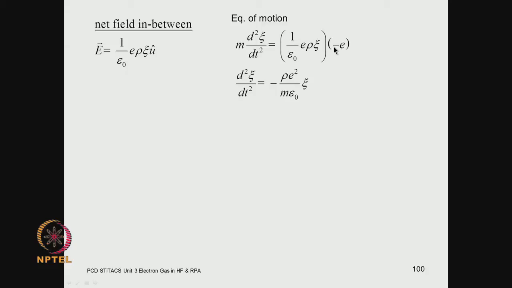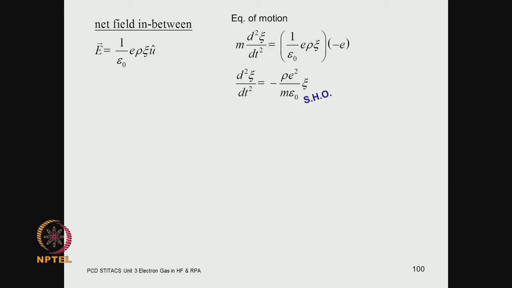You immediately see that this is nothing but the equation of motion for a simple harmonic oscillator. You have got the displacement and the restoring force proportional to each other, so it is a linear harmonic oscillator.